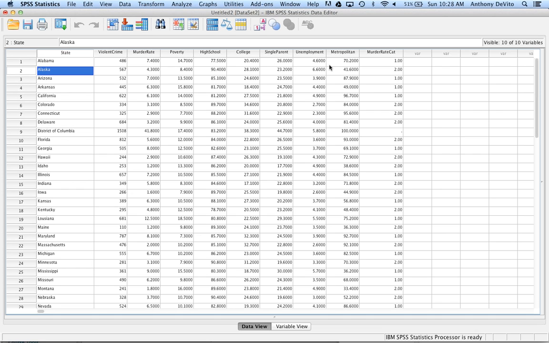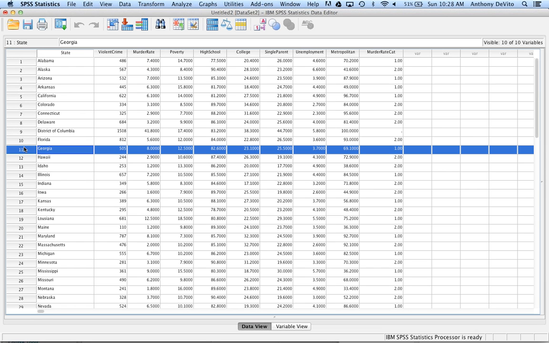But Alaska has a low murder rate, and it's a 2, because it's under 6. So only the places that were over 6 have a value of 1. That's how I would define that category.